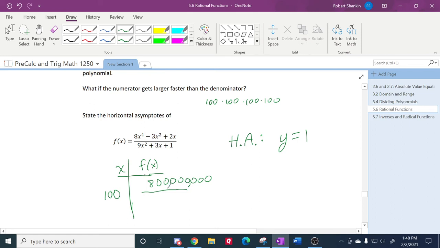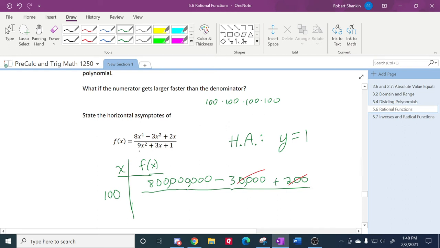You're getting a really big number. Now, this is minus 3 with only 4 zeros. Notice this one is so small compared to this one, we can basically ignore it. Plus 2 with only 2 zeros is so small we can ignore these too. They're insignificant.